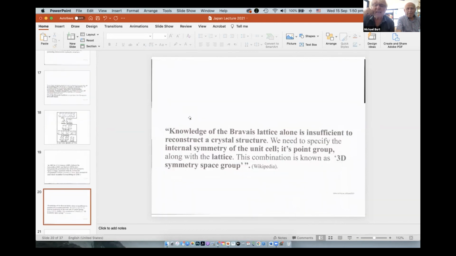Knowledge of the Bravais lattice alone is insufficient to reconstruct a crystal structure. We need to specify the internal symmetry of the unit cell, its point group, along with the lattice.